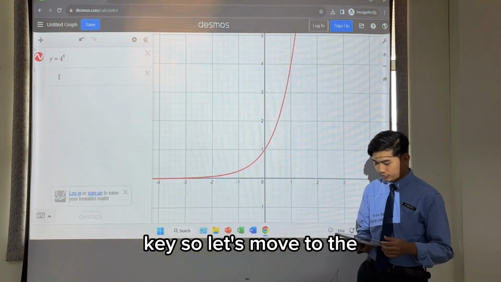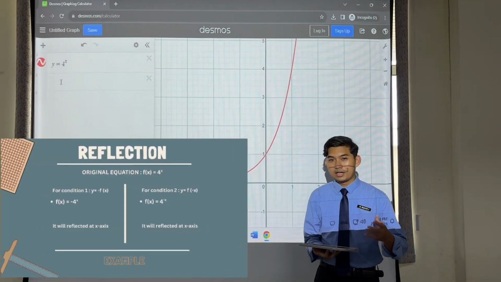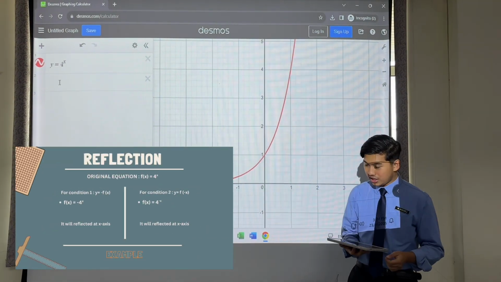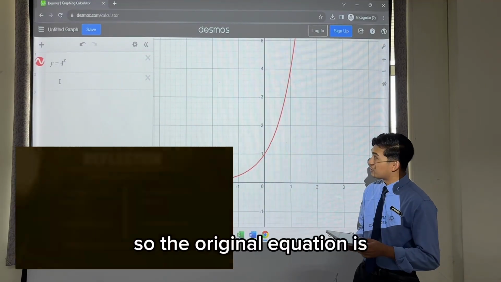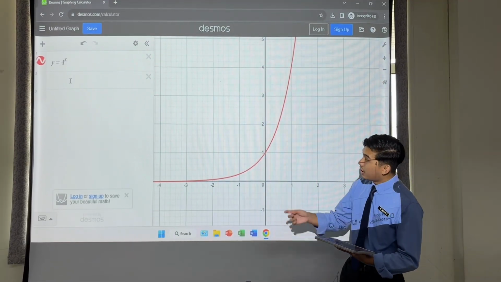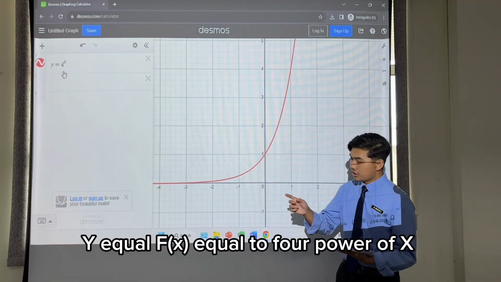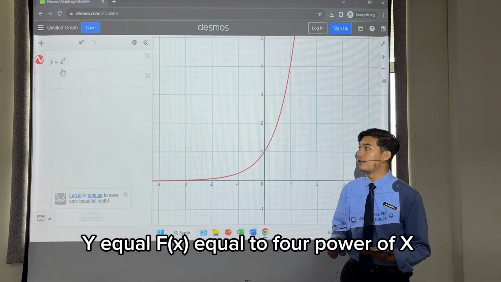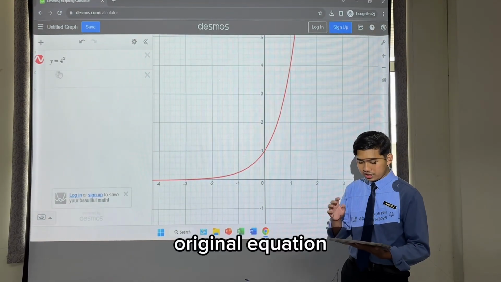Okay, let's move to a few parts of the equation. For an example, the original equation is y equals f(x) equals 4 to the power of x. That is the original equation.